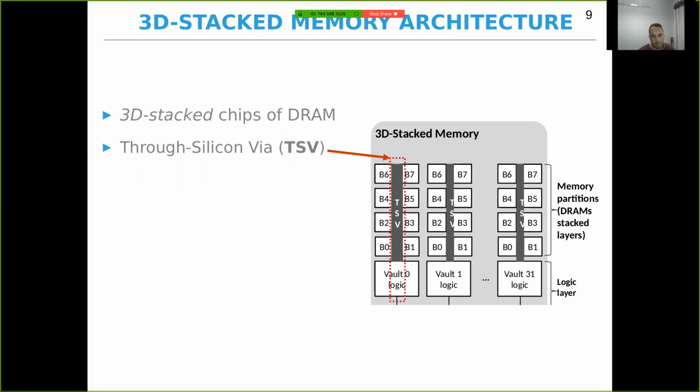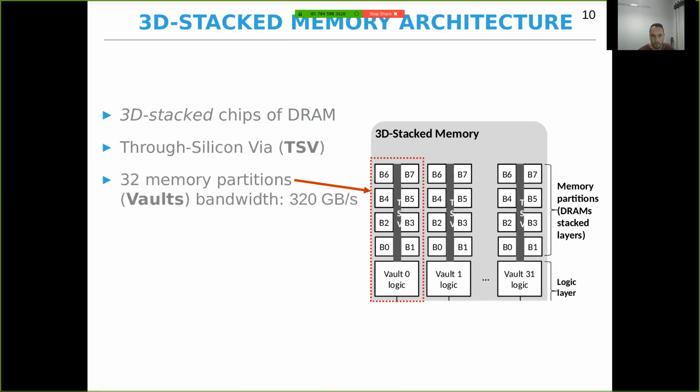This bus can integrate the memory and the logic layer in the same chip inside the memory. And besides the traditional memory organization, rows and columns that we have today, we have another dimension, a new vertical memory partition that is called a vault.